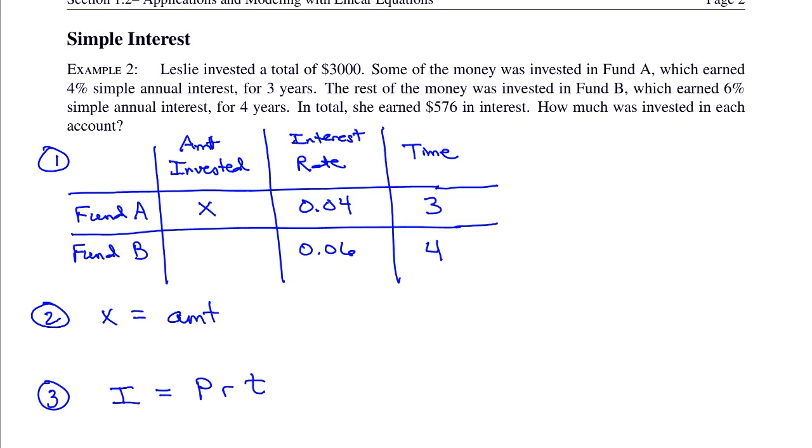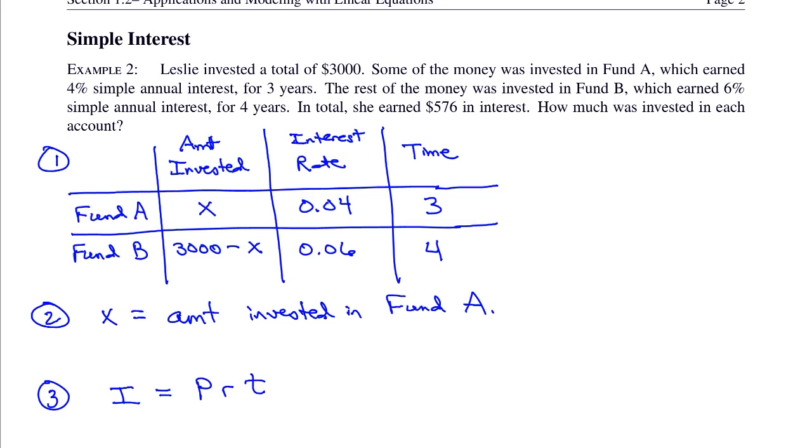X is equal to amount invested in Fund A. If we invest $3,000 total, and I've already invested X amount in Fund A, then the question is, how much is left for Fund B? Well, if I need 3,000 total, it must be 3,000 minus X. It's the amount that's left over after I invest X in Fund A.